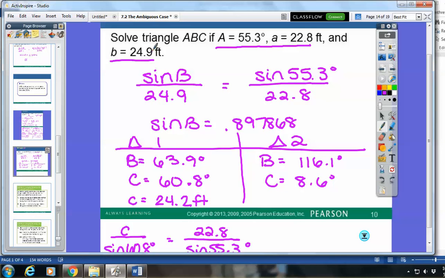Side B is the biggest. Side A is the smallest. Angle B is the biggest. Angle A is the smallest. So that one all worked out.